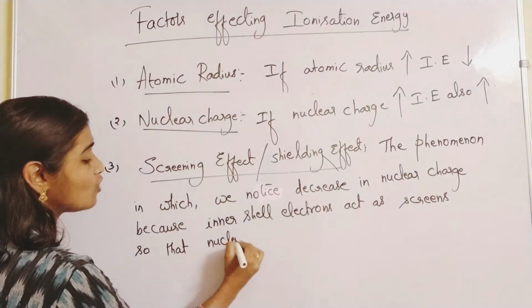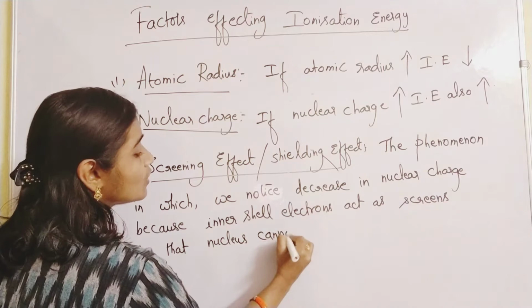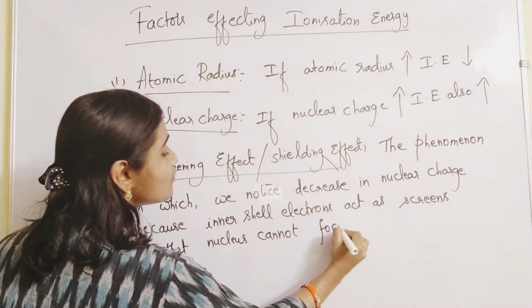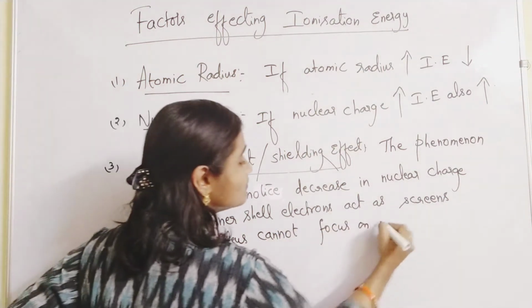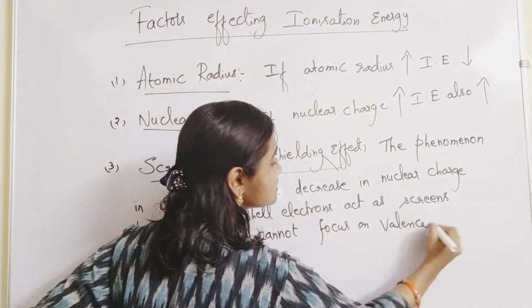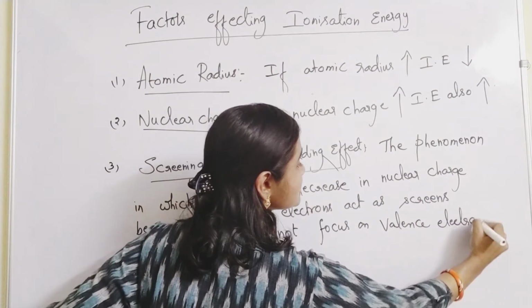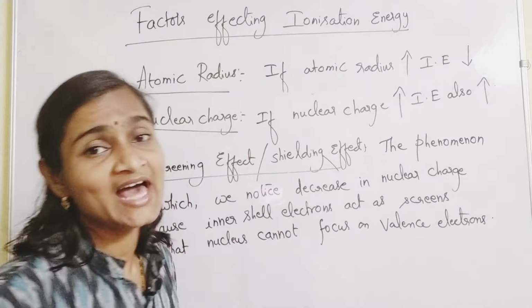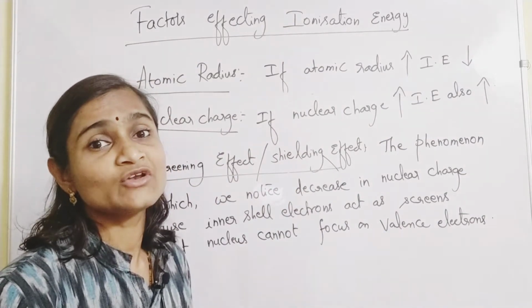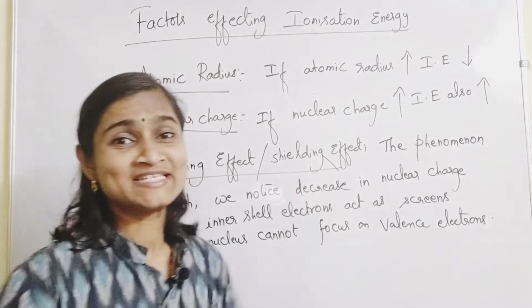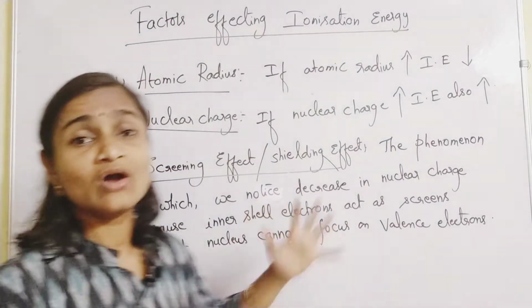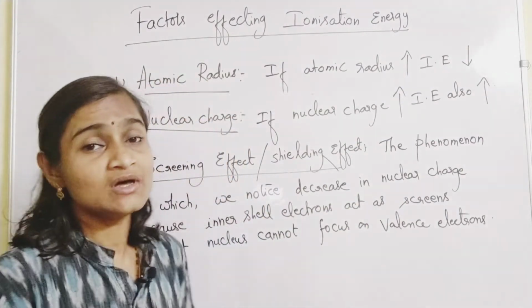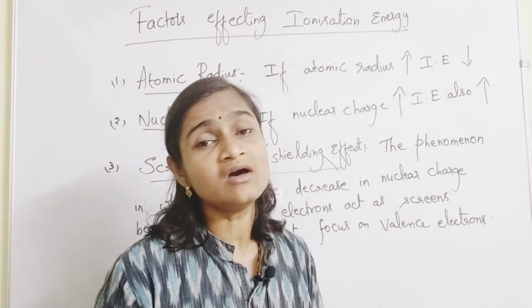The nucleus cannot focus. Now the nucleus cannot focus on whom? On valence electrons. So valence electrons will enjoy, masti for them. They are not under the influence of the nucleus, so they can easily escape out of the atom.